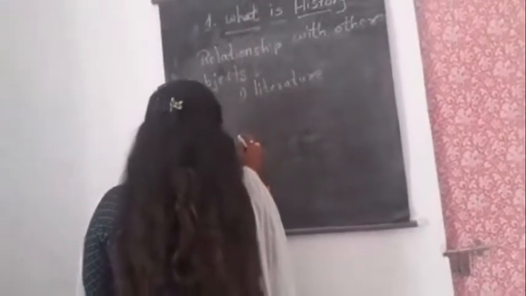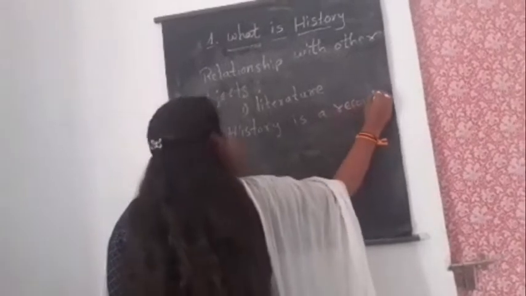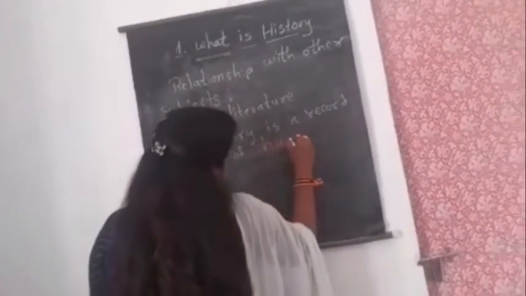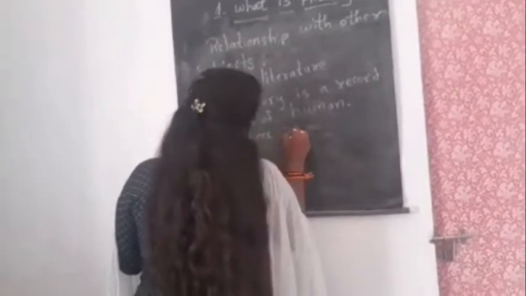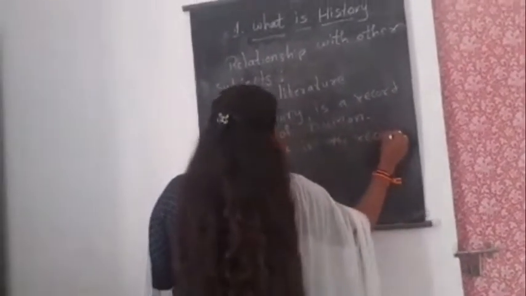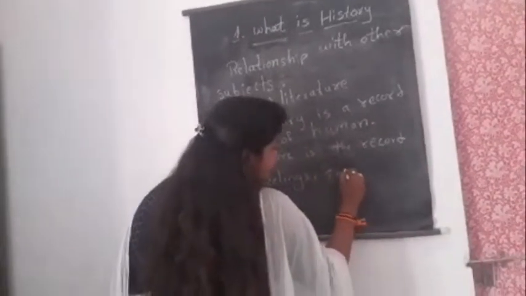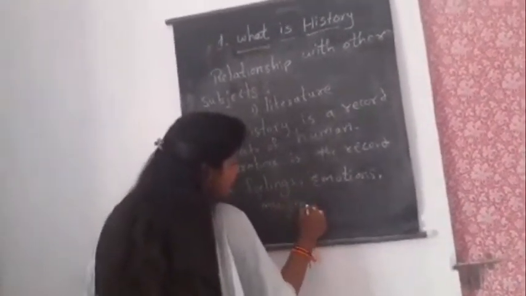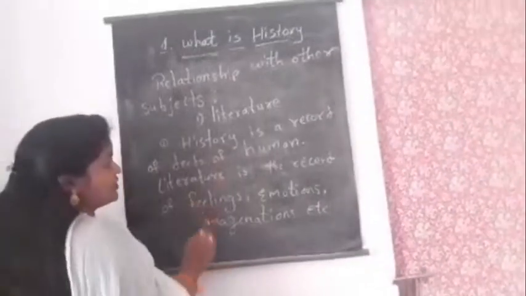I wrote some points. History is a record of deeds of human, and literature is the record of feelings, emotions, imaginations, etc. Okay, what is the literature and history relationship?